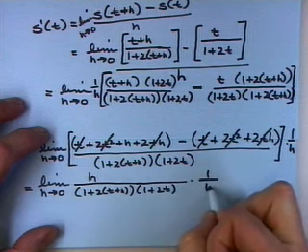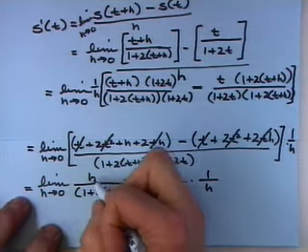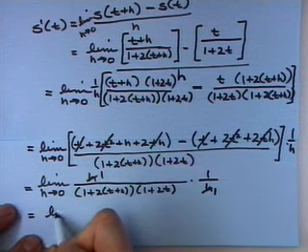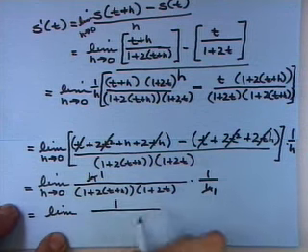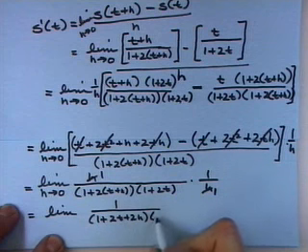And this gets multiplied by 1 over h, which also is going to help the cause. So we can cancel h over itself as long as h is not 0, which it isn't. I'm going to go ahead and distribute that.